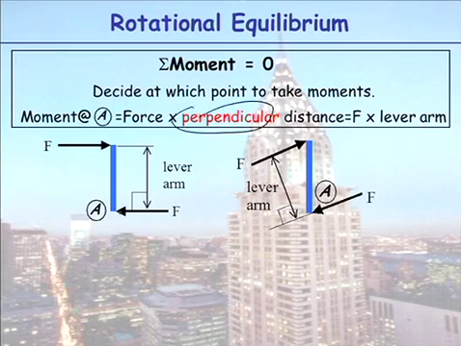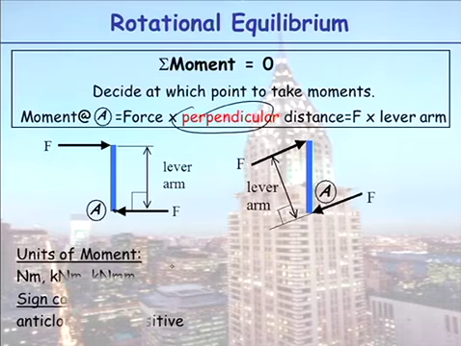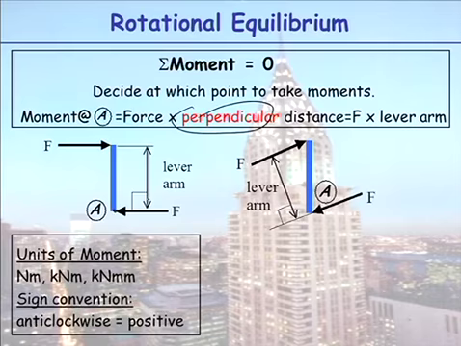So in this case here on the left-hand side, taking moments at A, okay, our moment would be F times our lever arm. On the right-hand side, our lever arm here is perpendicular now to the direction of the load. So this lever arm forms a right-angled triangle.